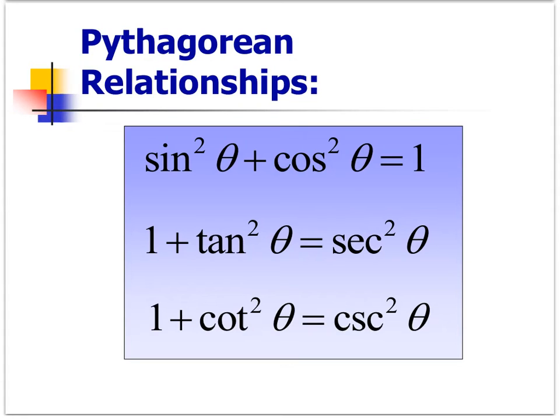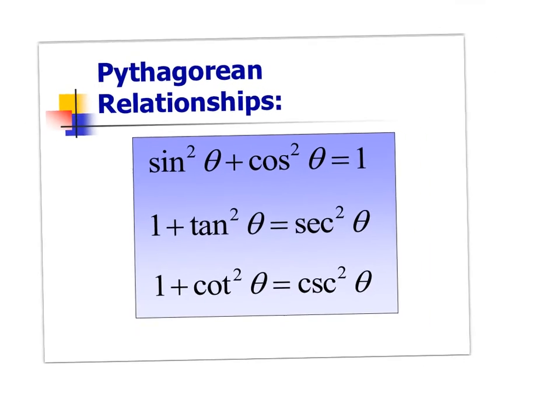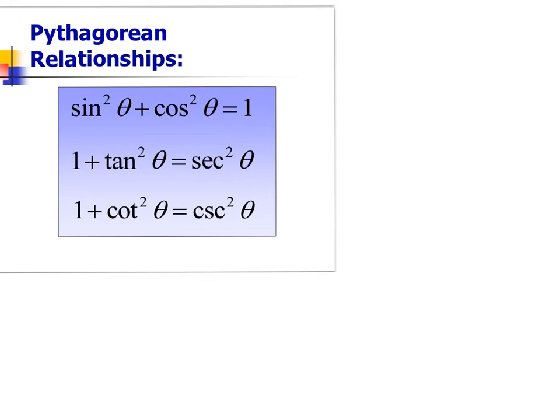Let's move on. We're going to talk about these Pythagorean relationships first, and we're going to use these for our first introduction to working with trig functions and doing a little bit of proofs. A couple of things real quick.